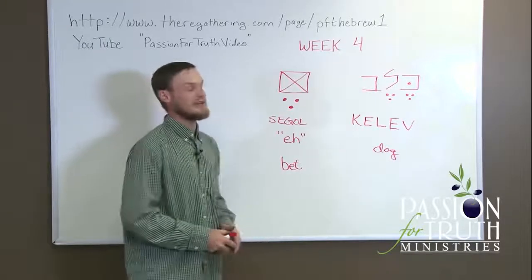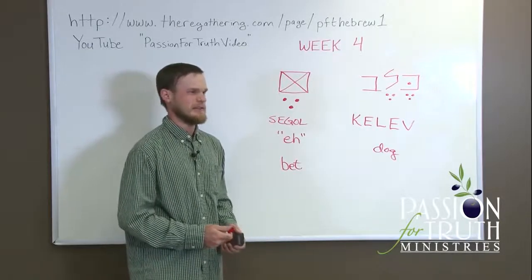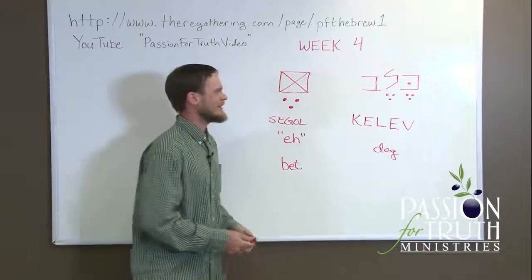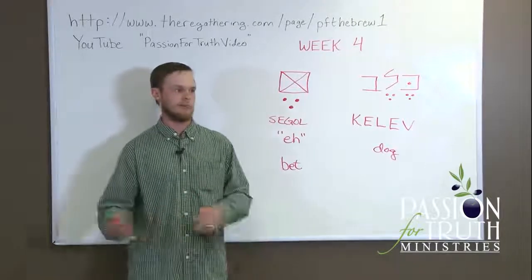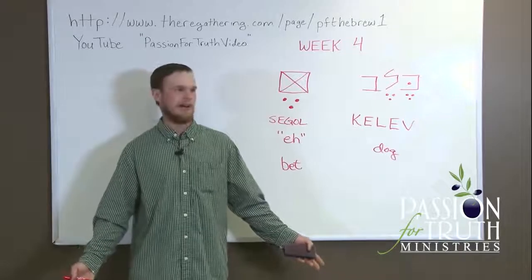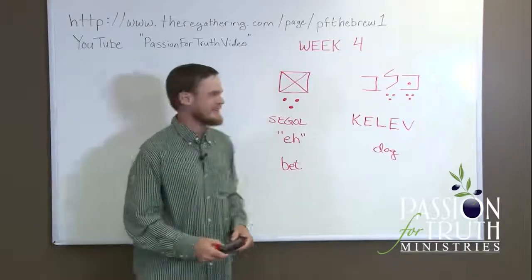I don't know. If you look at some of the Hebrew names and you see what they mean, my wife says this all the time. Why would you name your child that? Like Nabal, the former husband of Abigail, who became David's wife. His name means fool. Like, why would you name your child that? What was his mom thinking?